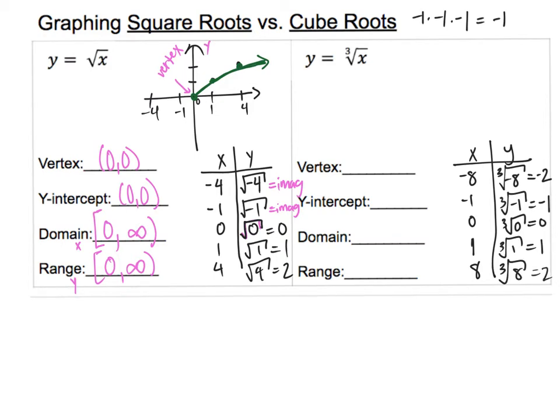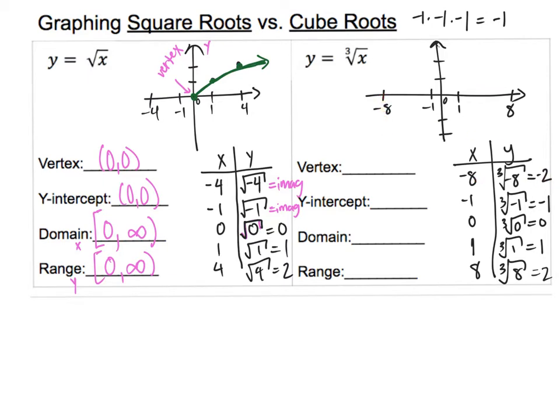So again, these are coordinates that I'm going to plot. So I'm going to just do a rough sketch of this coordinate system. And I have negative 8 going to negative 1, 0, positive 1, and then positive 8. So looking at this here, I'm going to start at negative 8, negative 2. So here's negative 8.